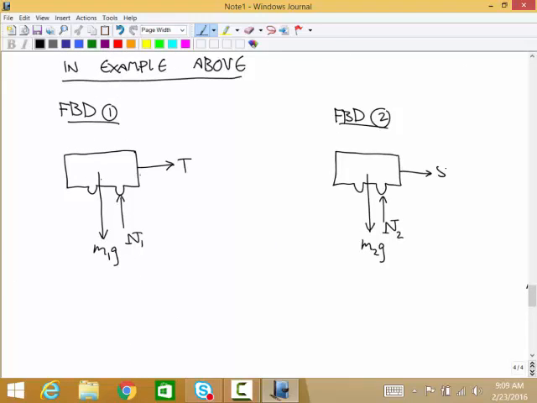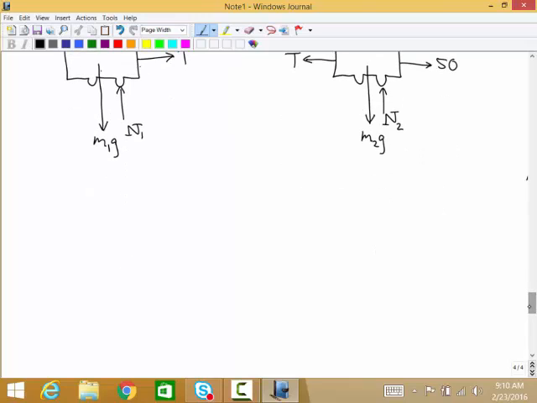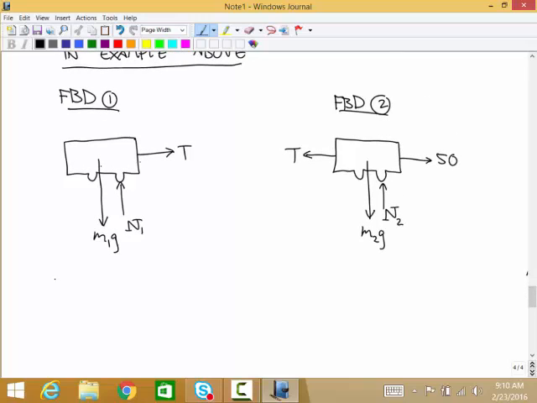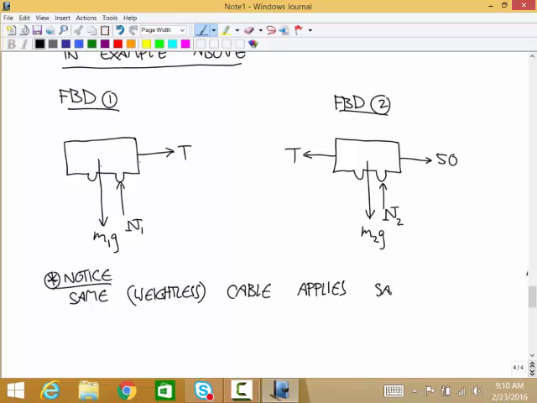So the 50 Newton force is here, and the pulling force is here. One thing to notice is that we're always going to assume these are weightless, the same weightless cable applies the same force magnitude to every object it's connected to.